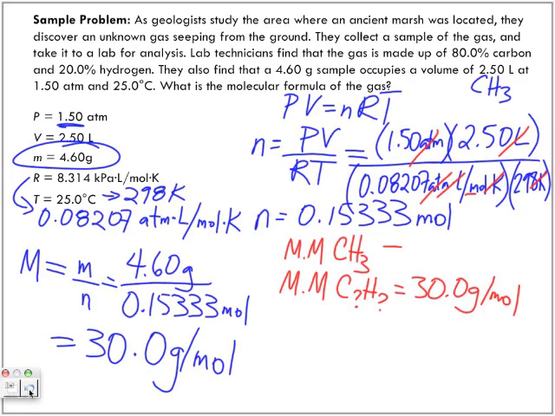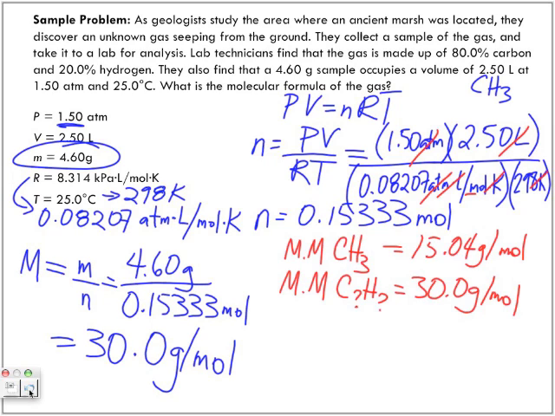Can I find that? Yes. Pretty much find the molar mass of carbon and the 3 hydrogens, and we get 15.04 grams per mole.